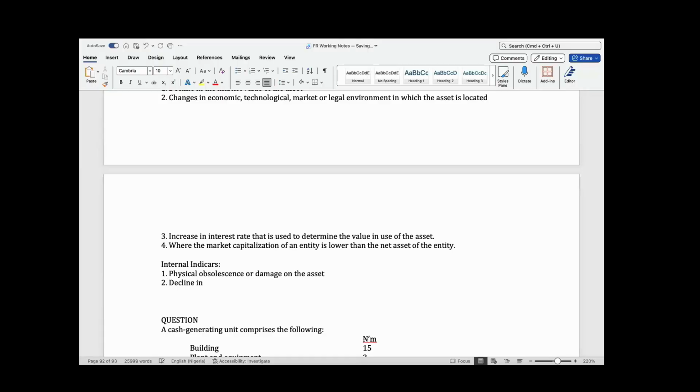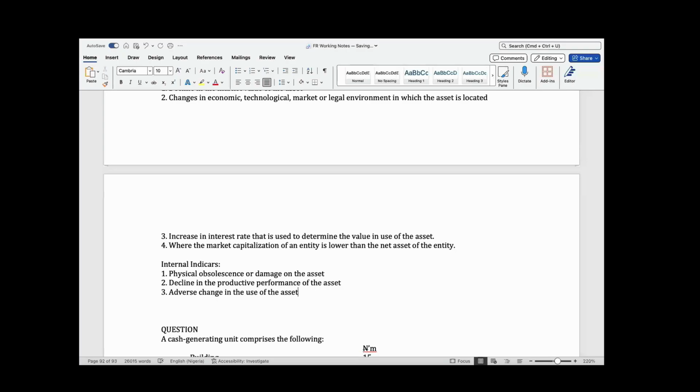Where there is a decline in the productive performance of the assets, that is also an indicator that these assets might have been impaired. Where there is an adverse change in the use of the assets.